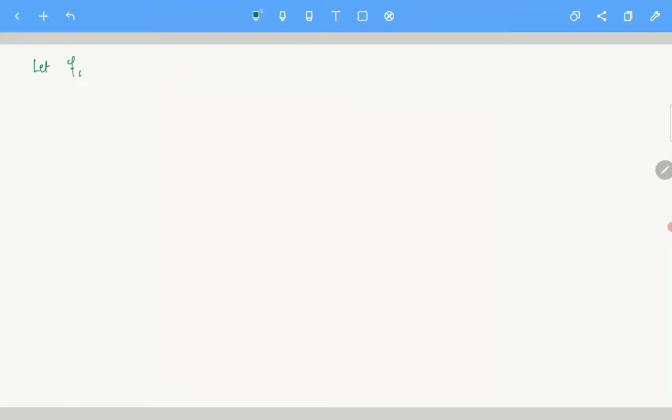Let fi of x, y1 and y2 look like this: ai1 y1 plus ai2 y2, i equals 1 and 2.